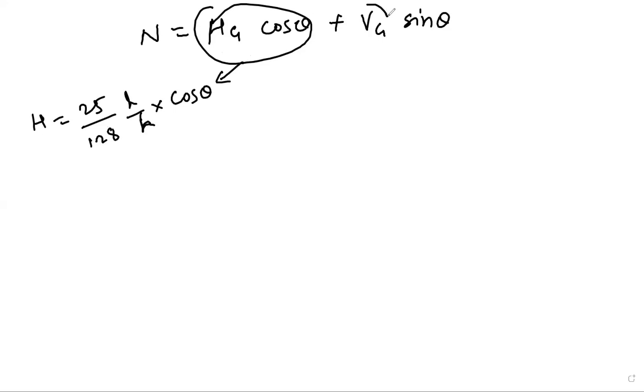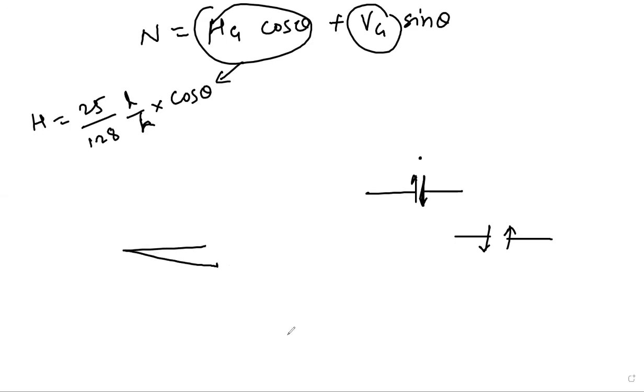Now only we have to find the value of VG and then multiply by sin theta, right? For this, if you have taken the point G, as usual we have to insert the sliding device, then one is vertical upward and second is downward, like this. So this diagram is known to you.